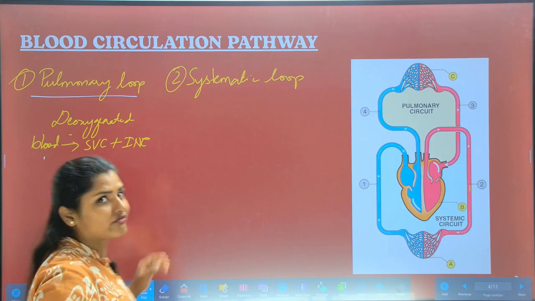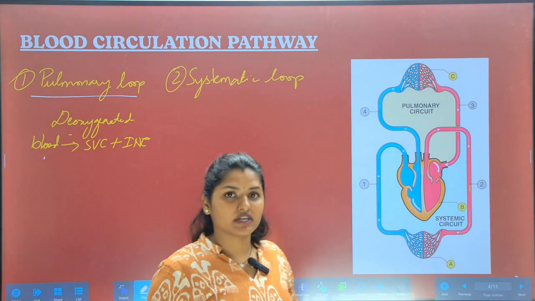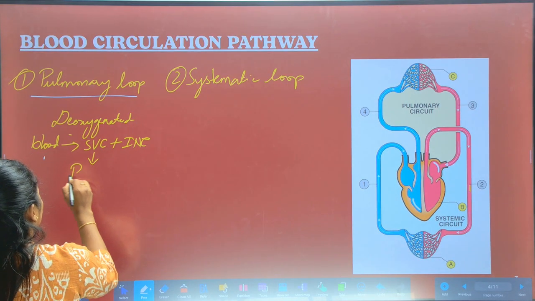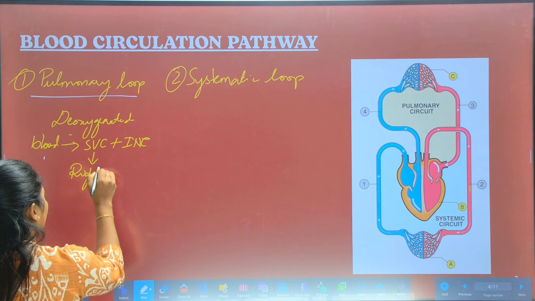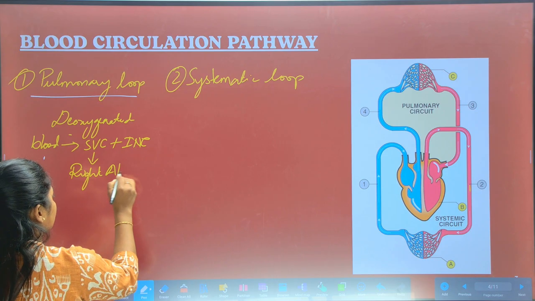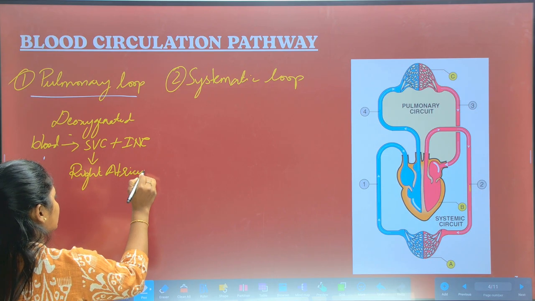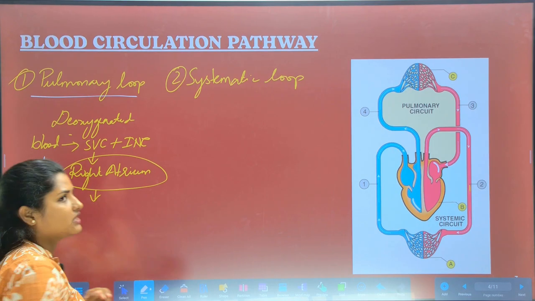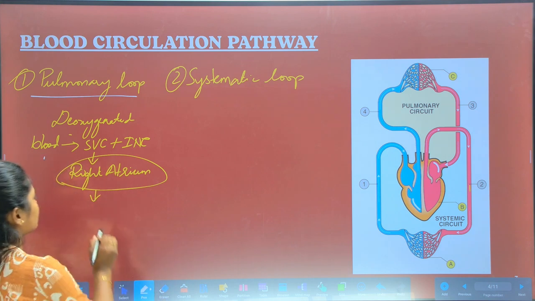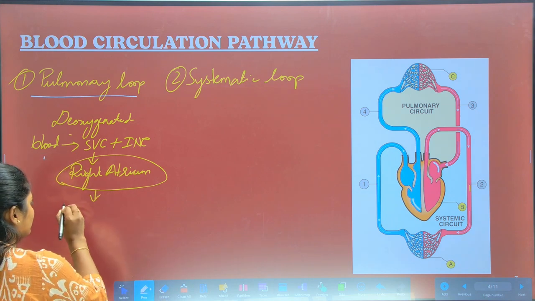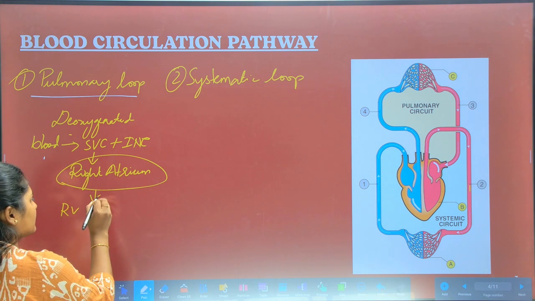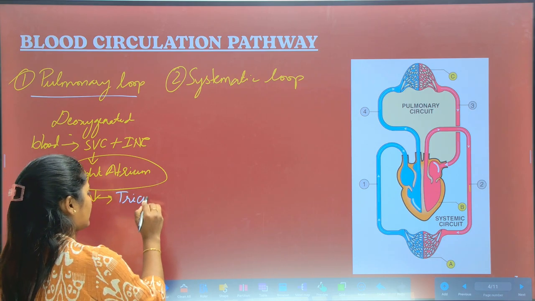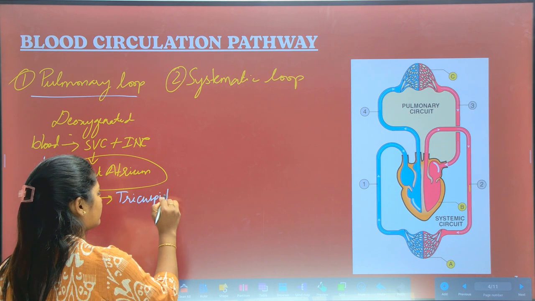From here the deoxygenated blood passes to the right atrium. So what happens here? The right atrium contracts and sends blood to the right ventricle with the help of the tricuspid valve.